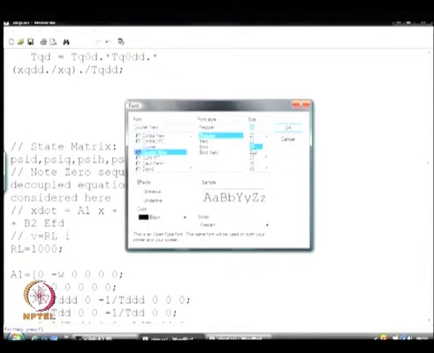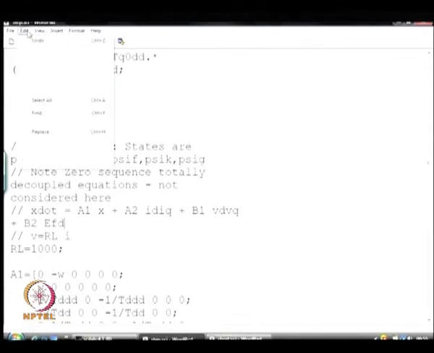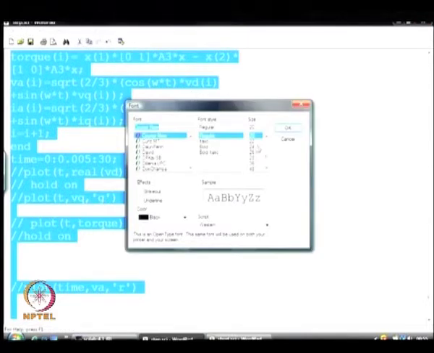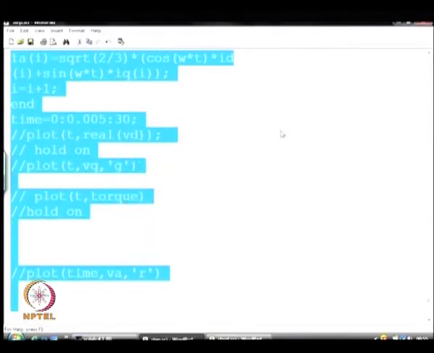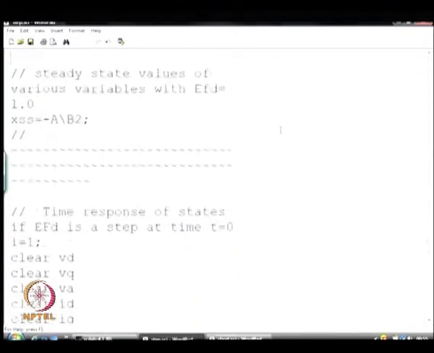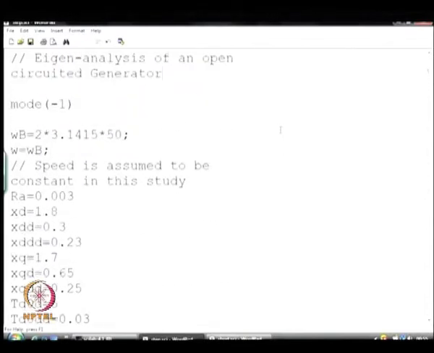We will just increase the font size after selecting everything. So, I will just increase the font size to 24. So, it becomes a bit easier to view. So, we go back to show this again.